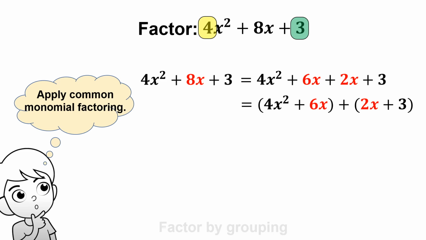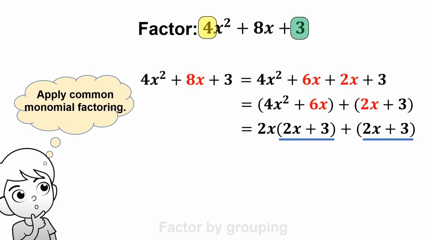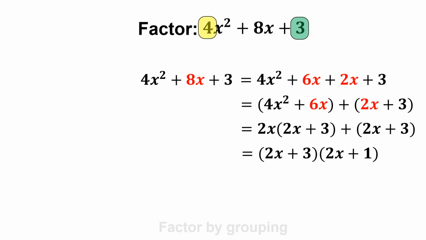Factor this out. Therefore, the factored form of 4x squared plus 8x plus 3 is 2x plus 3 times 2x plus 1. You can verify the answer by multiplying the derived factors.